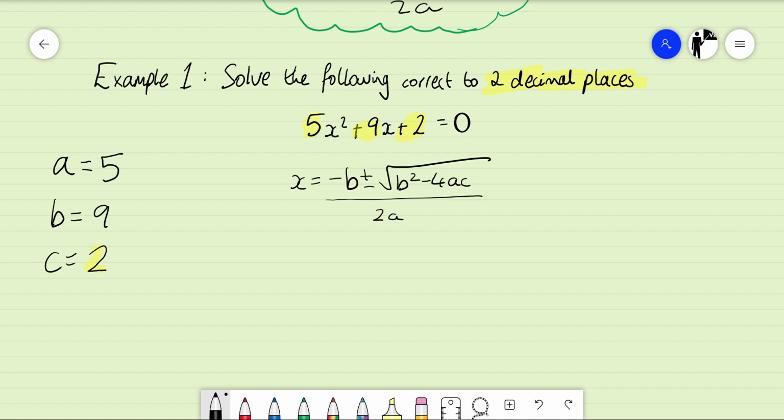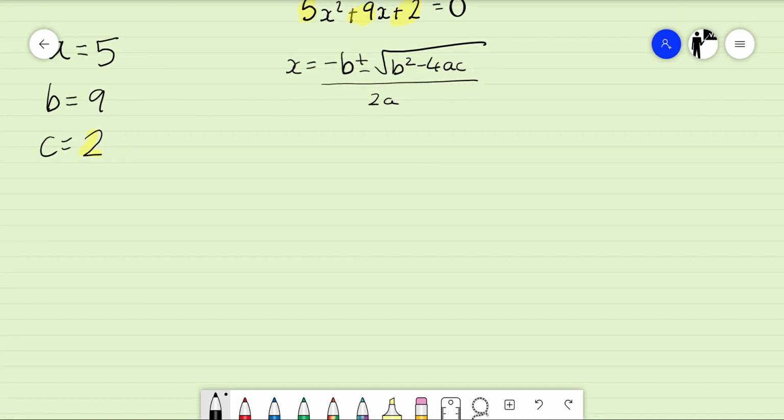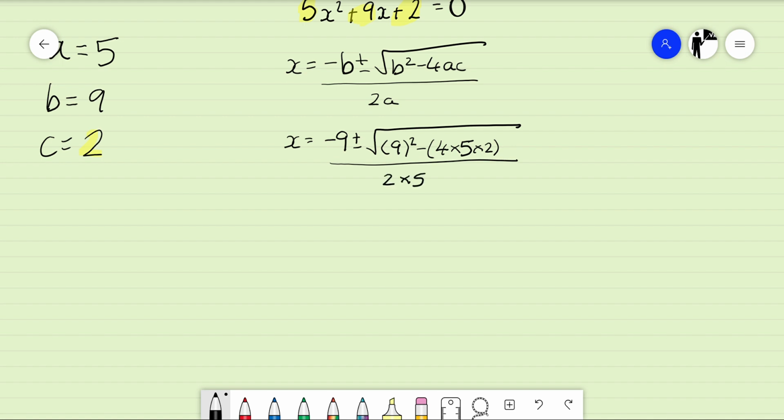Okay, so what we're going to do is take these values and substitute them in. x equals minus b, well b is 9. So that's going to become minus 9 plus or minus the square root of b squared, so that's going to become 9 squared, take away 4 times a is 5, times c is 2. And that's over 2a, that's become 2 times 5.